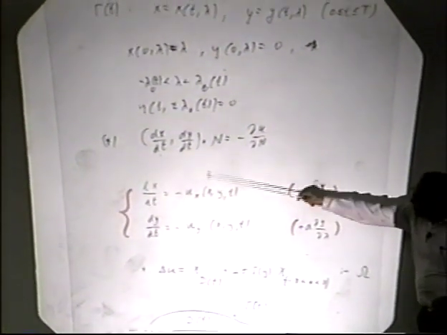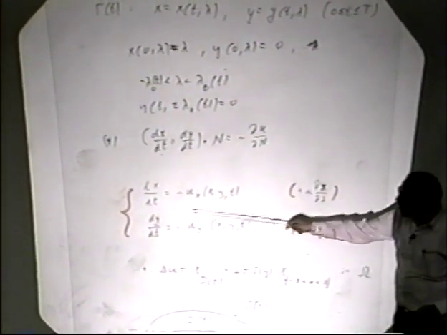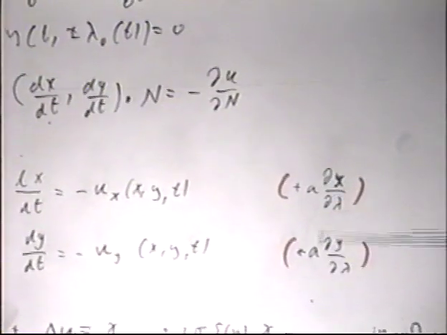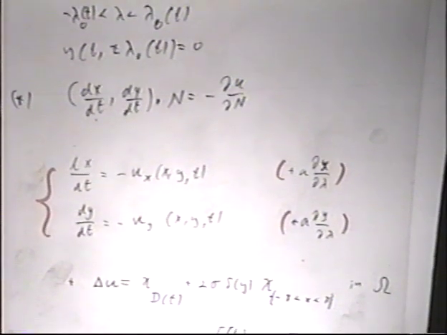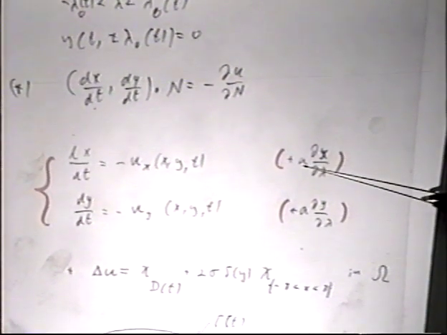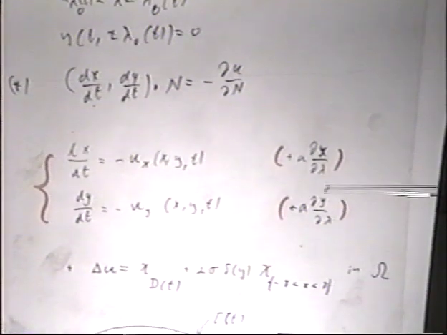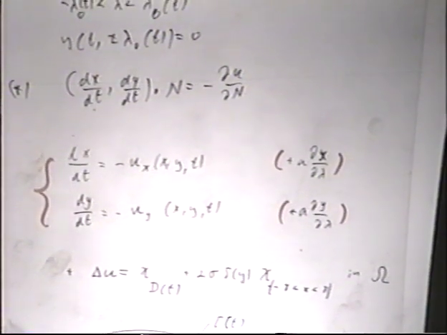Well, you see, I'm not asking you the right question. If you translate this to see what it means for dx/dt, dy/dt, you find that it's equal to this plus a vector which is tangential, which is perpendicular to the normal. So a is any function times dx/dlambda, dy/dlambda, which is a tangent.